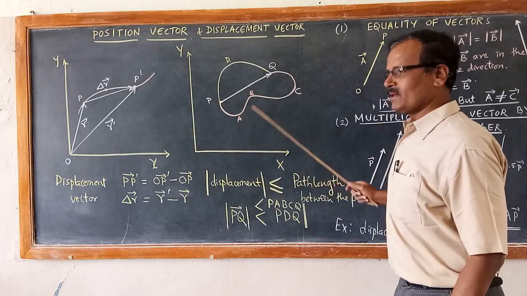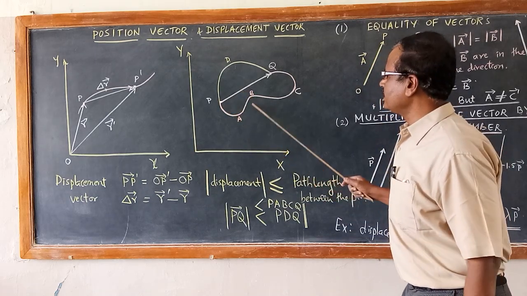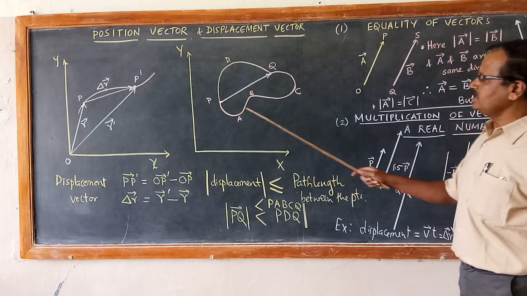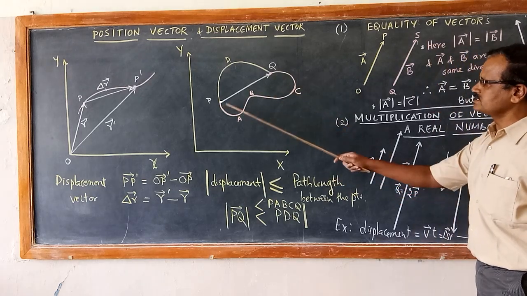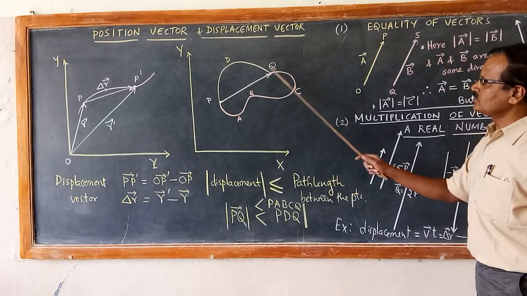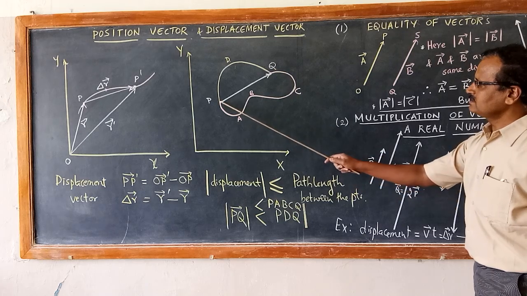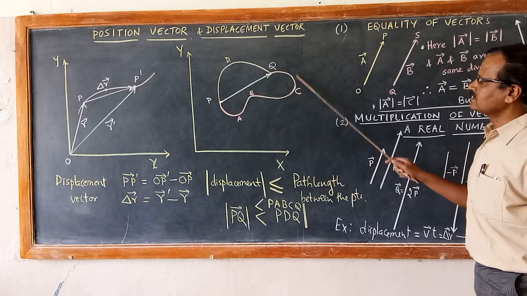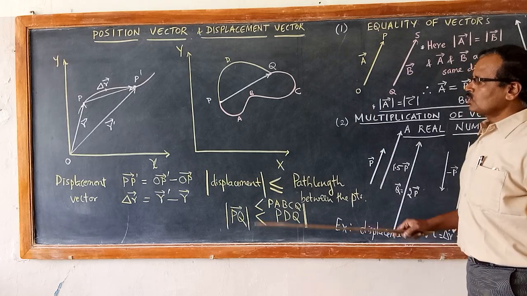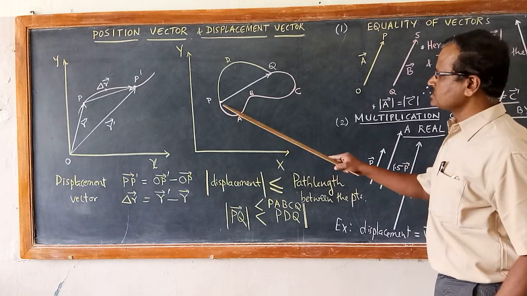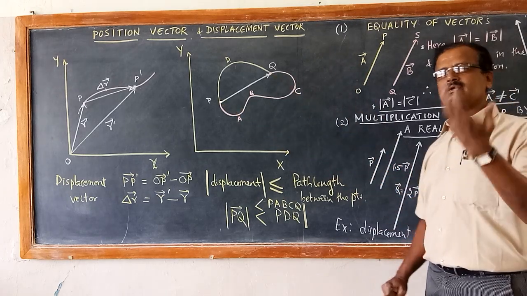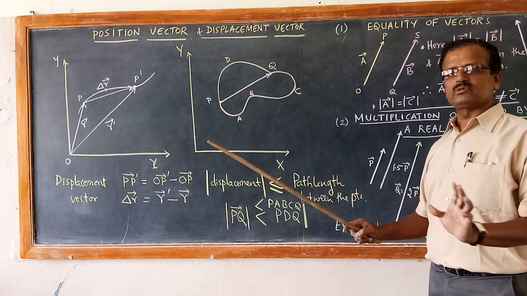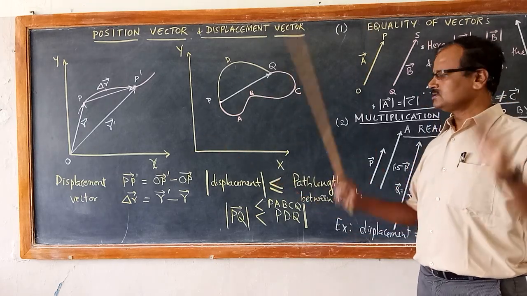Or if you take another path PABCQ, PQ is again smaller than the actual path length. If the particle moves directly from P to Q, then displacement becomes equal to the path length.